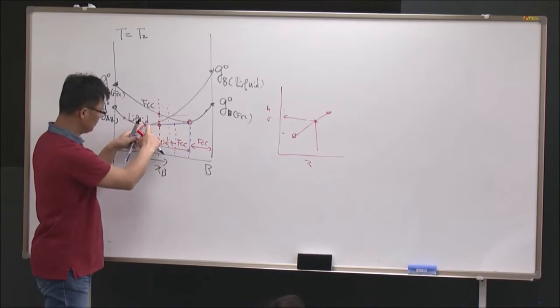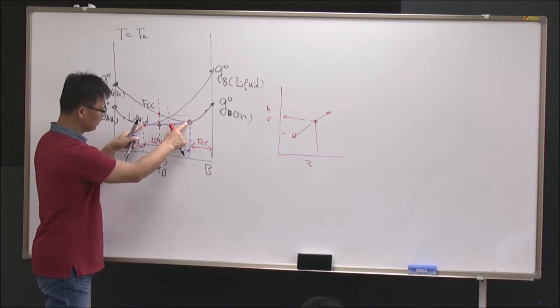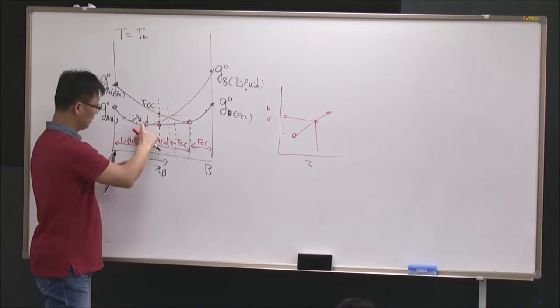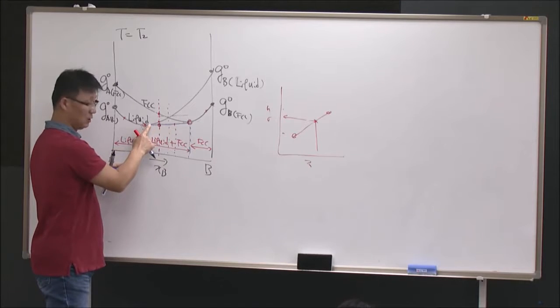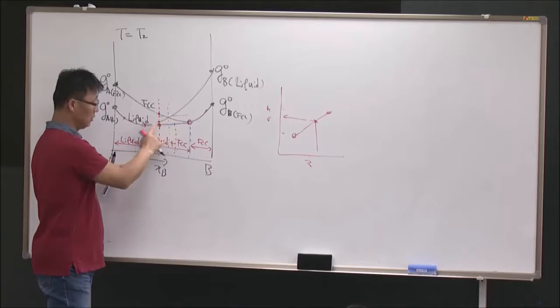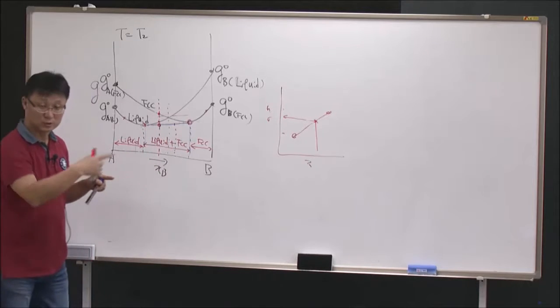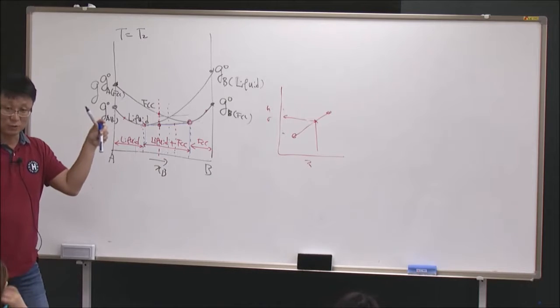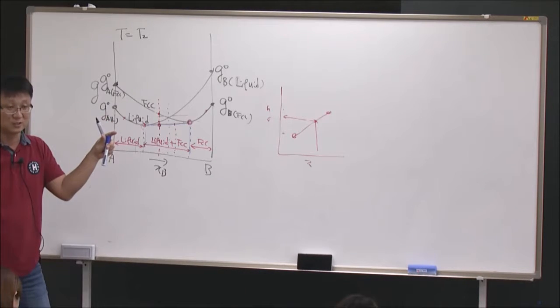However, if I'm closer to this one, I should have more of this one than the other one. If I'm here, this one is 90% and the other is 10%. In the middle, 50-50. So the amount of the two different phases is changing.